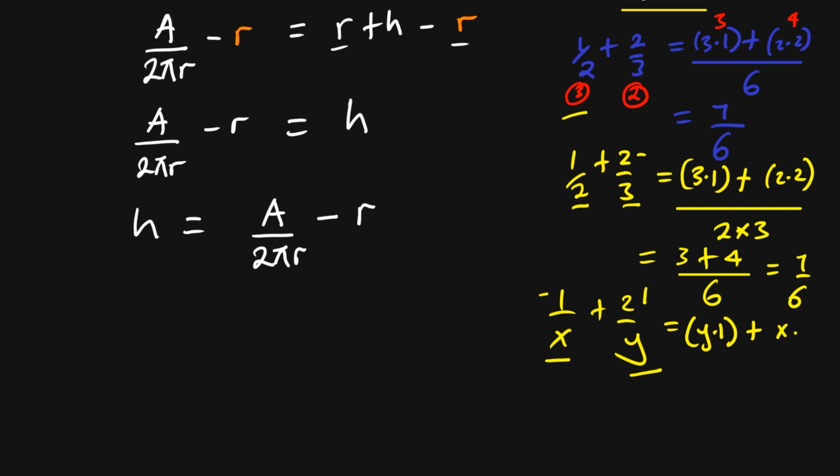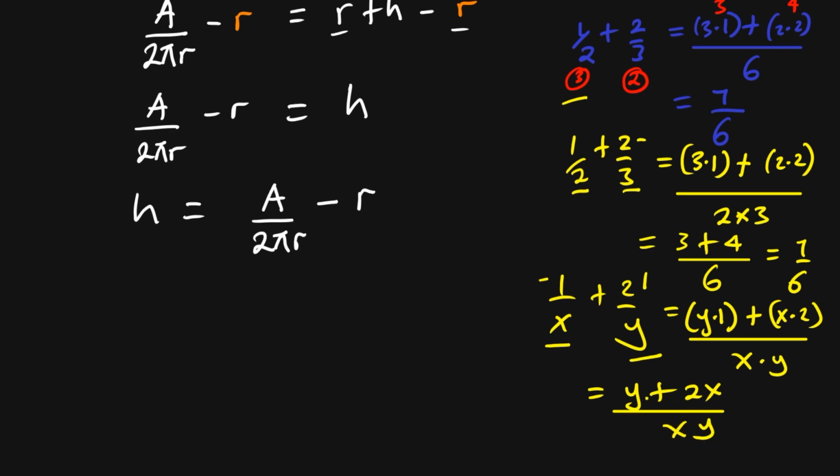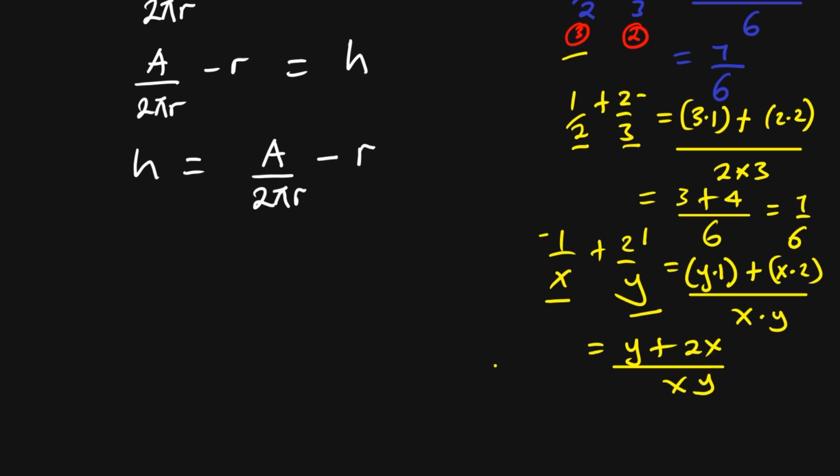We get x times 2, all over the denominators multiplied. This is x times y. So this is the same as y times 1, same as y, plus x times 2, same as 2x, all over x times y, same as xy. This is the same concept you're going to employ here.